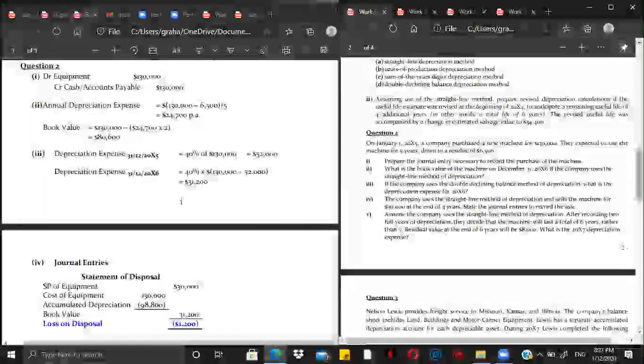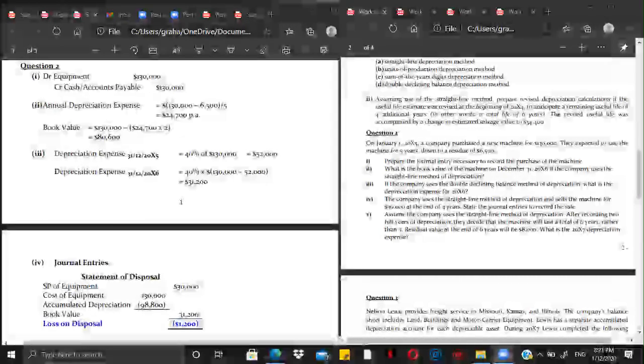Then you're going to calculate the double declining expense for the year, which is the double declining rate times the net book value at the beginning of the year. The net book value at year 20x2 would be 360 because there is no prior depreciation.